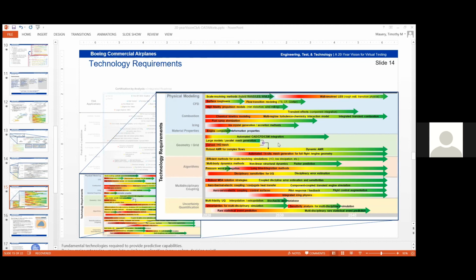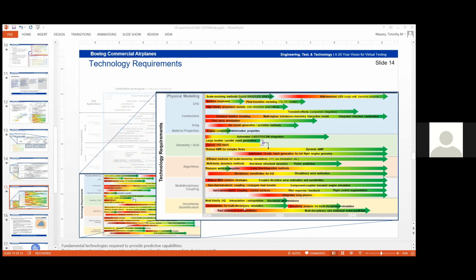We've chosen that this yellow color means it's ready for some initial applications, an initial ability to apply it to something more complex, and the green points mean that it's production level or ready for more general usage.